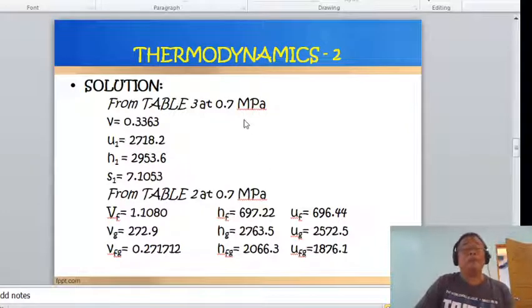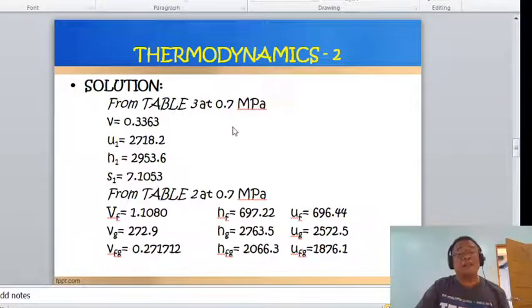From table 3, superheated vapor, at 0.7 megapascal. Take note, class, table 1 is for saturated temperature, table 2 is saturated pressure, table 3 is the superheated table, and table 4 is compressed liquid.